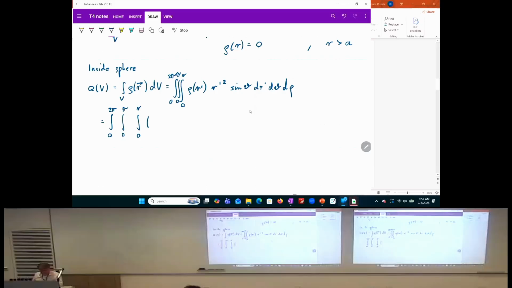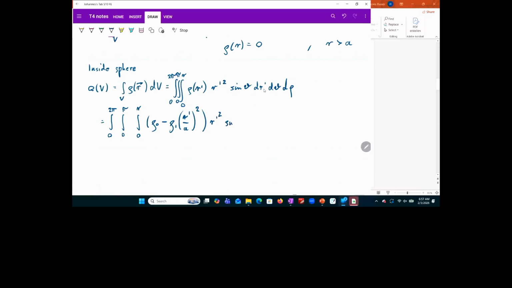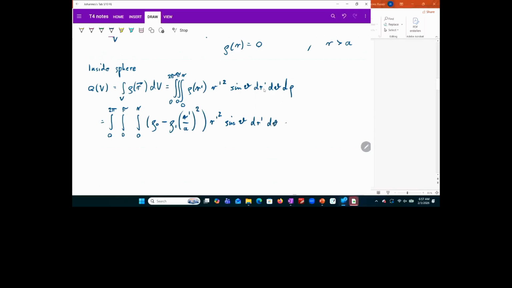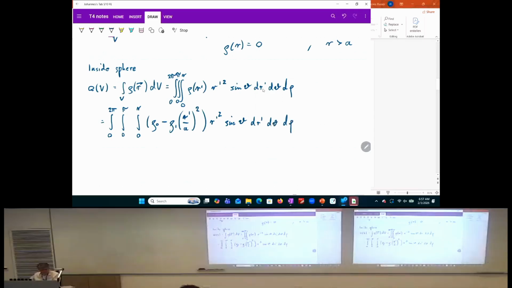Now let's insert the charge distribution, rho 0 minus rho 1 r prime over a squared. And this we carry along what we have here: that is r prime squared sine theta dr prime d theta d phi.